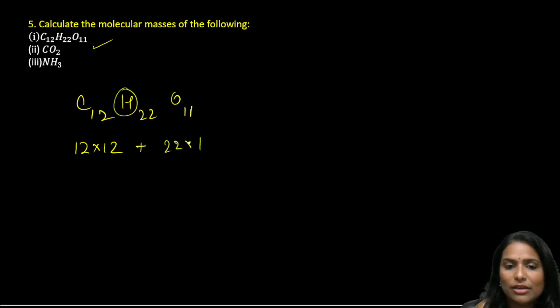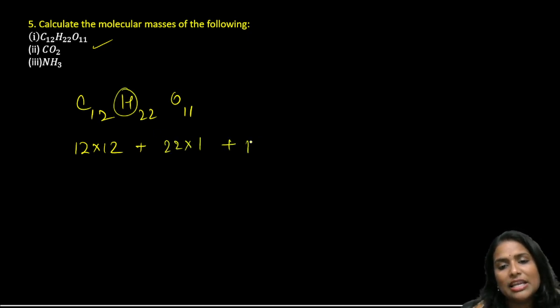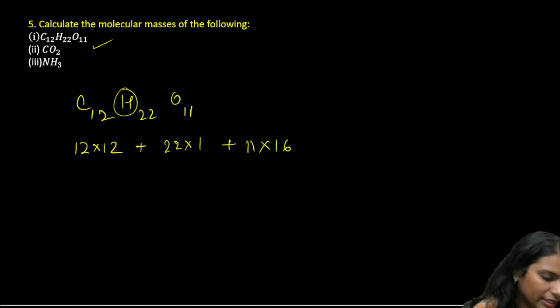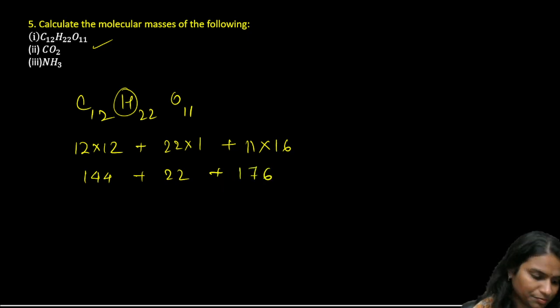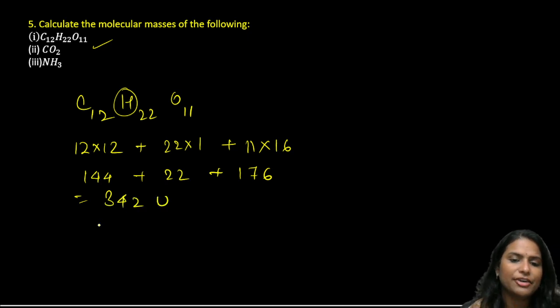There are 22 atoms, so 22 into 1, plus 11 into the mass of a single oxygen atom, which is 16. So 12 into 12 is 144, plus 22, plus 11 into 16 which is 176. Overall it comes to 342 U.